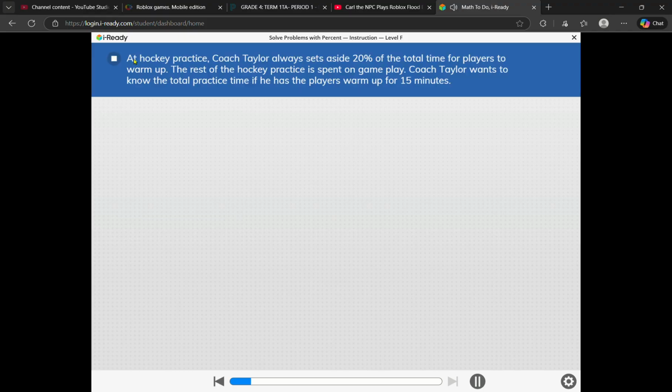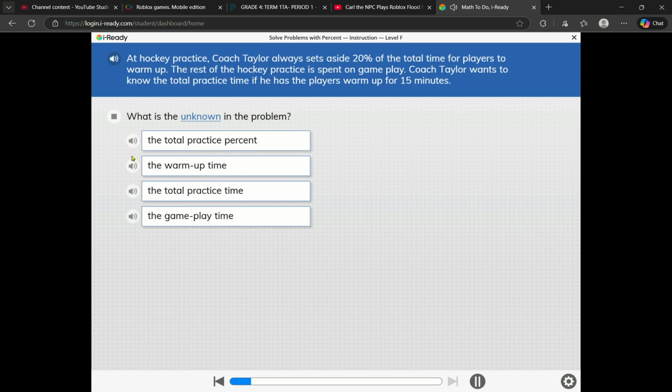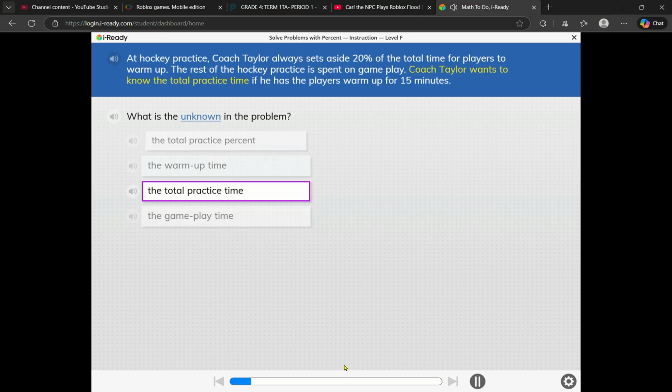At hockey practice, Coach. What is the unknown in the problem? The total practice percent, the gameplay time. The unknown is the total practice time.